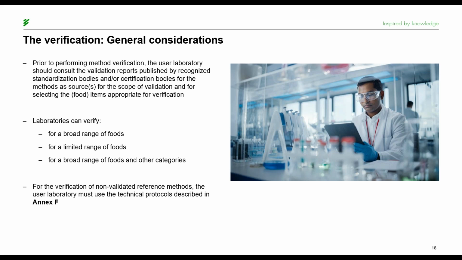Of course, you can have only other categories, and you can have a limited range of foods and other categories. So there are different situations that you can have, and we will get into detail shortly.